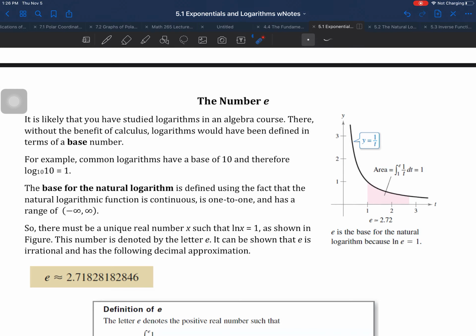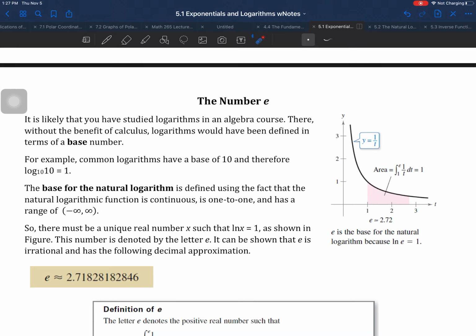Alright, so we're going to move on to the number e. It is known as an infinitesimal value that can be described as the base of a natural logarithm. It is likely that you have studied logarithms in algebra courses.